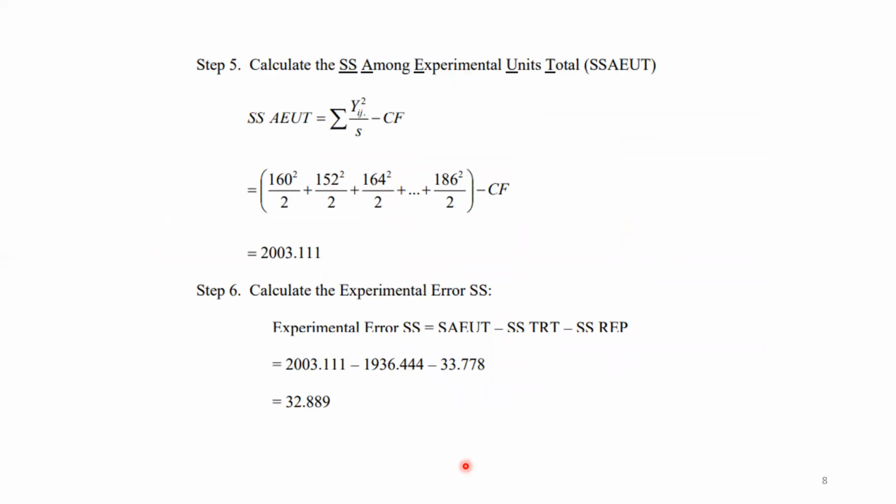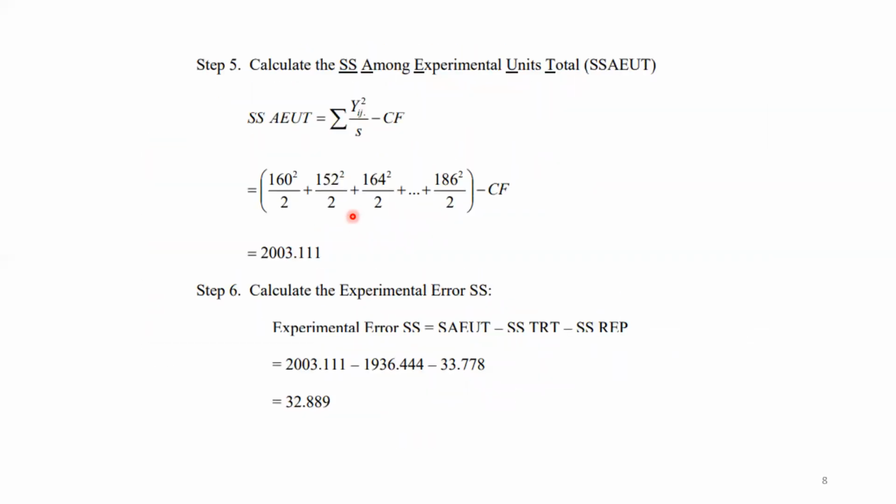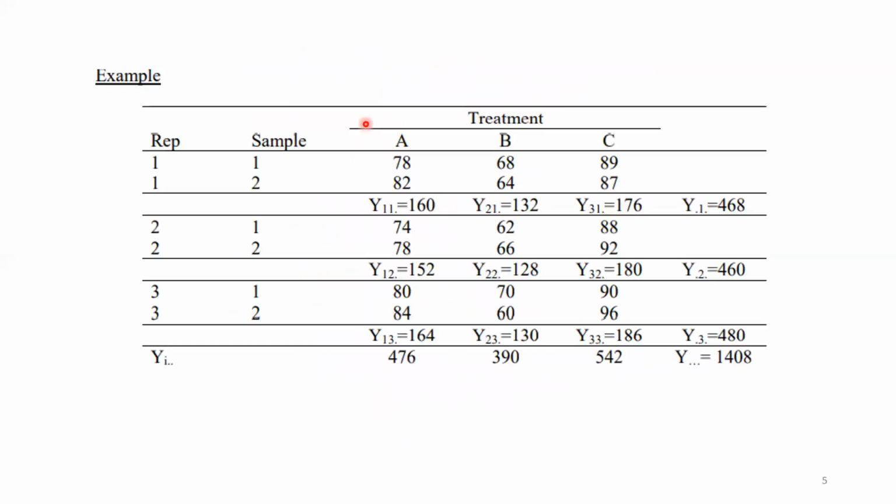Now, for the adjustment for the sampling effect, we calculate the SS among experimental unit totals, the sum of the experimental unit totals. So this is the calculation stage. We take the summation along each sample, because the dot notation is for the samples.